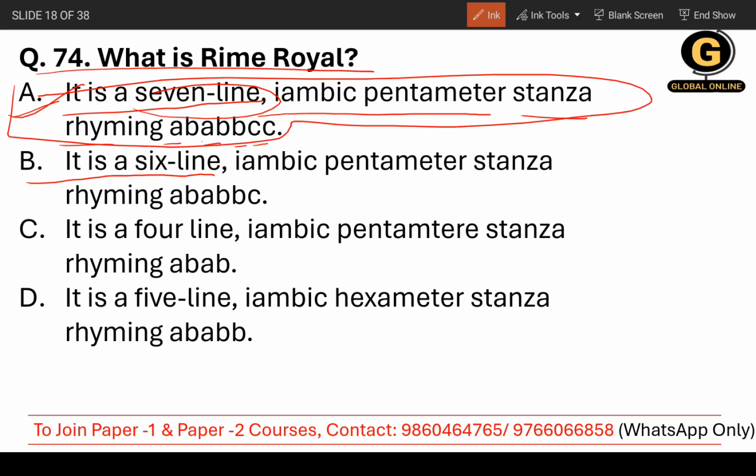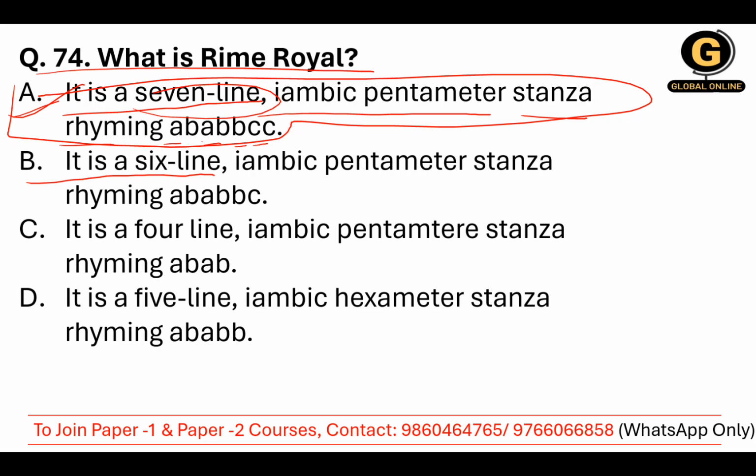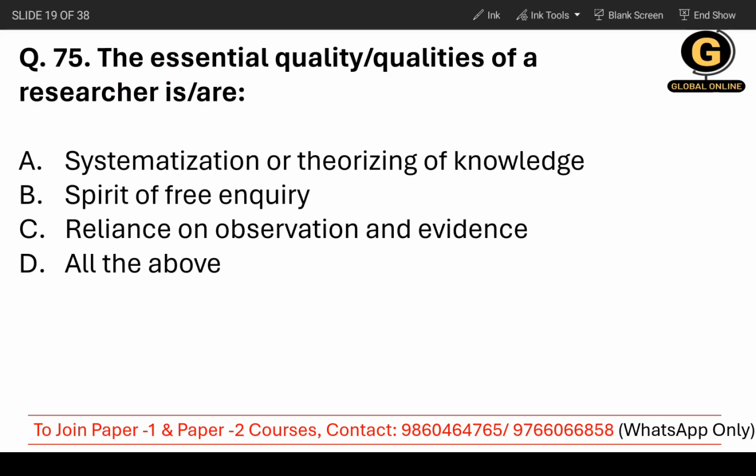And that is how you are going to find the correct answer without wasting your precious time in the exam hall. Okay. Moving on to question number 75. The essential qualities of a researcher are: first, systematization or theorizing of knowledge.